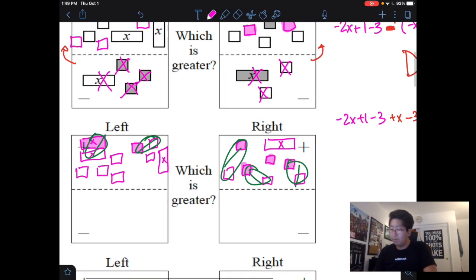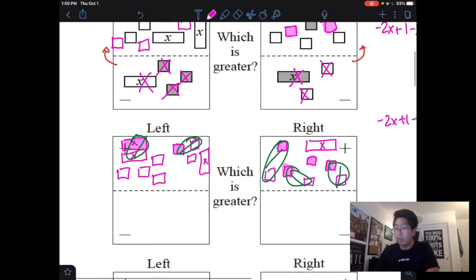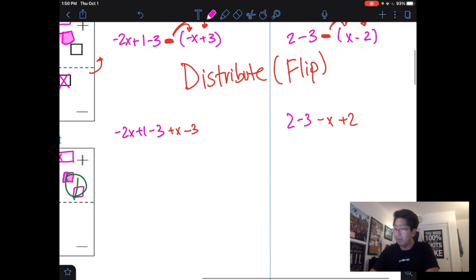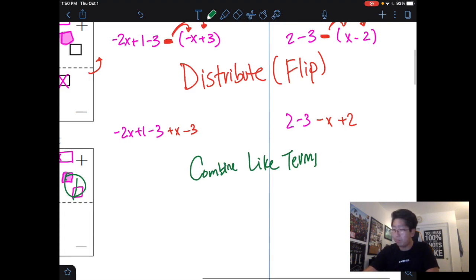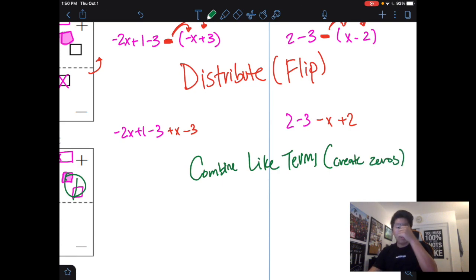All right, so we'll combine like terms or create zeros, okay? Whenever we create zeros, that's the same concept as combining like terms.